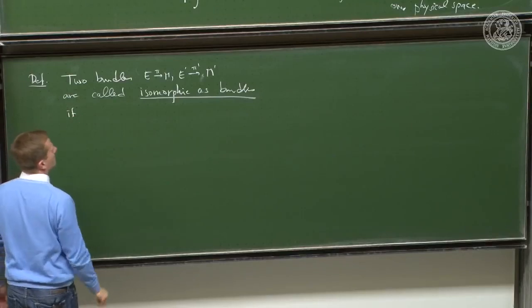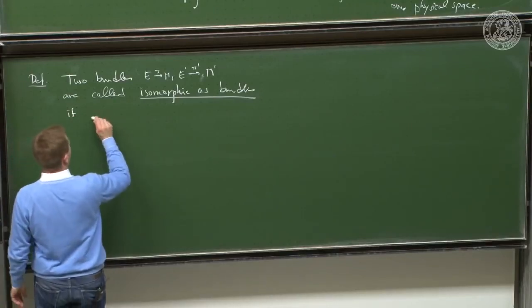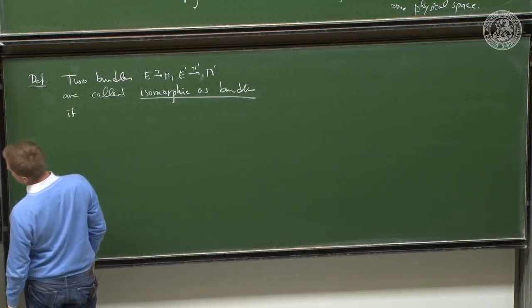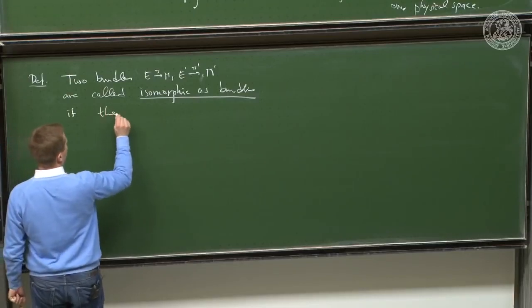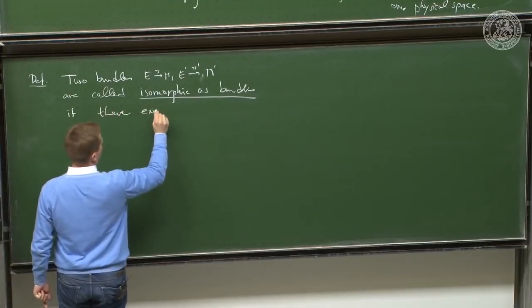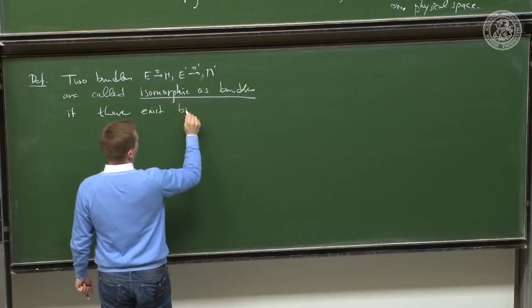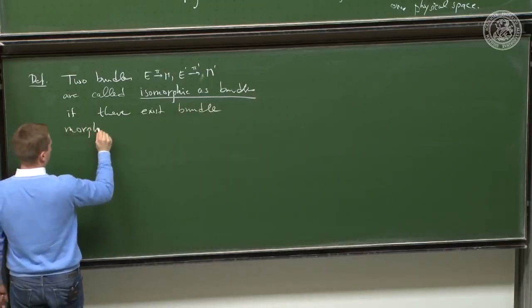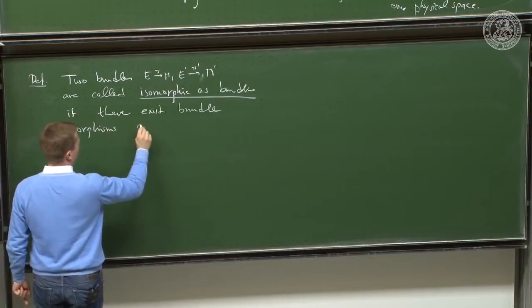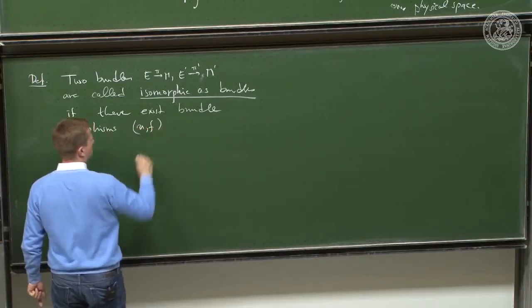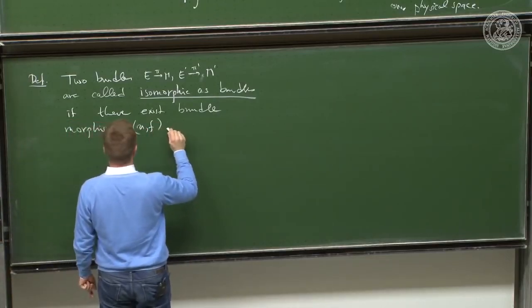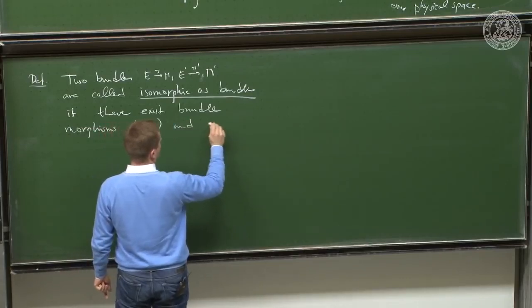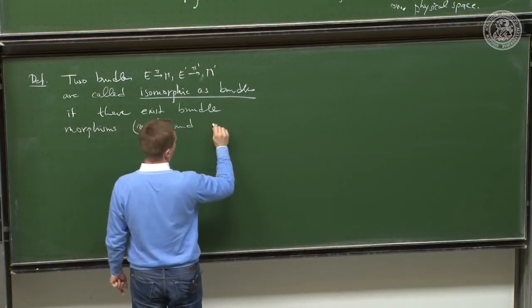If there exist bundle morphisms UF and, how do we call this?